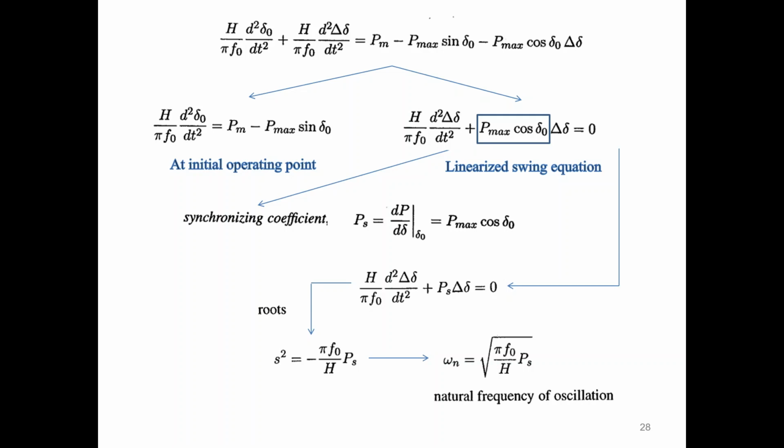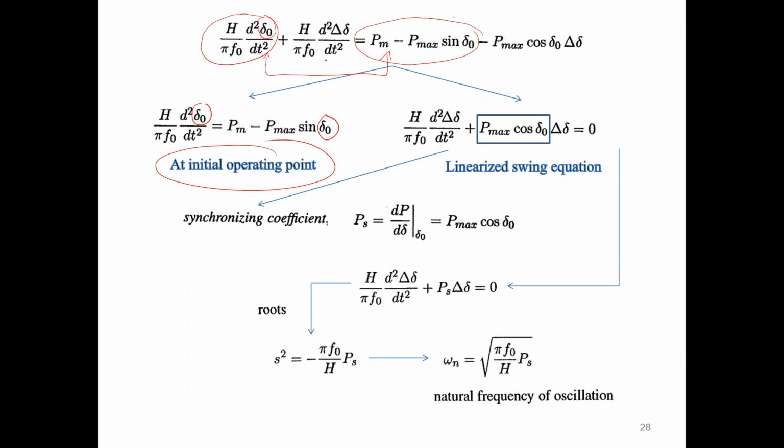From the right side of this equation we have the term Pm minus P max sine of delta 0, and on the left side you have H divided by pi f0 and the second derivative of the initial angle. So these two are the swing equation at the initial operating point, because the angle itself is a function of delta 0.